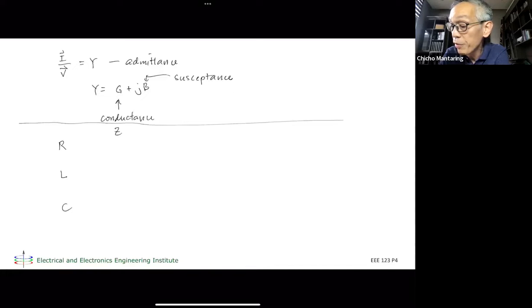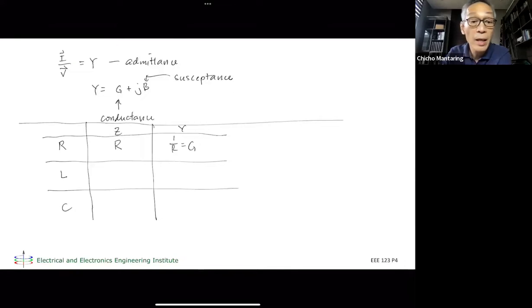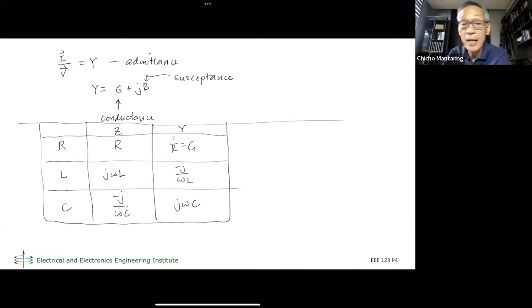The impedance of R is also equal to R. The admittance of R is equal to 1 over R, which is equal to G. The impedance of L is j omega L. The admittance of L is minus j over omega L. And the impedance of C is minus j over omega C. The admittance of C is j omega C. And we derived this last time.